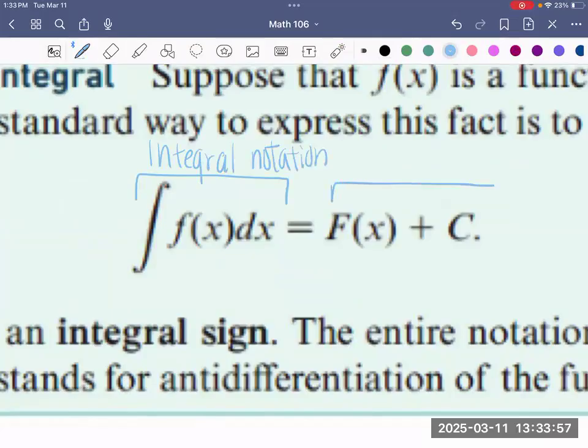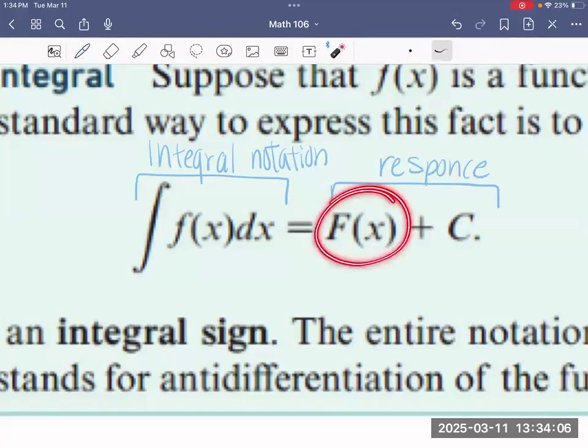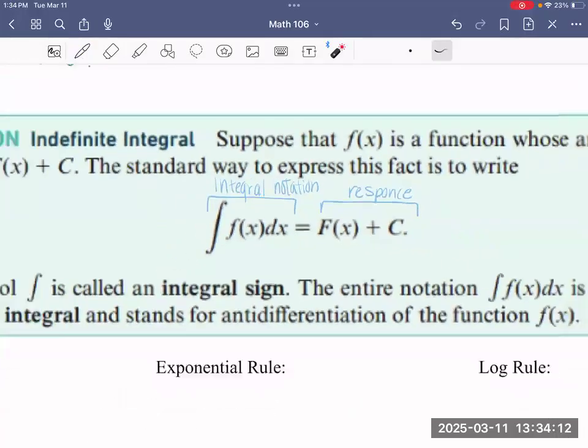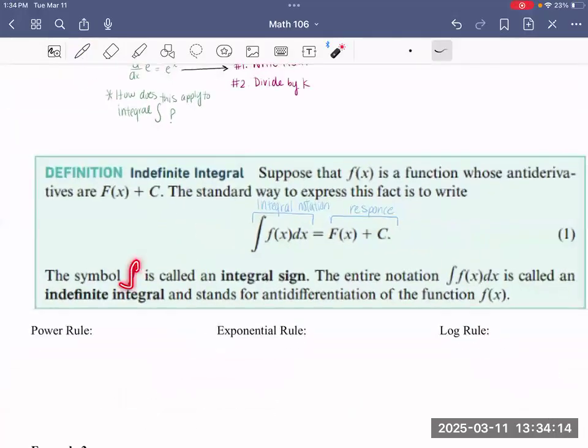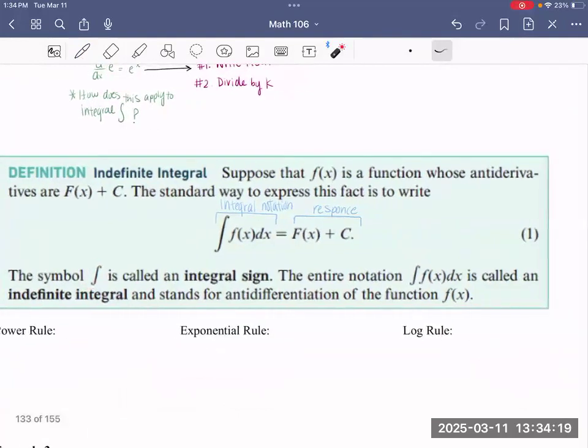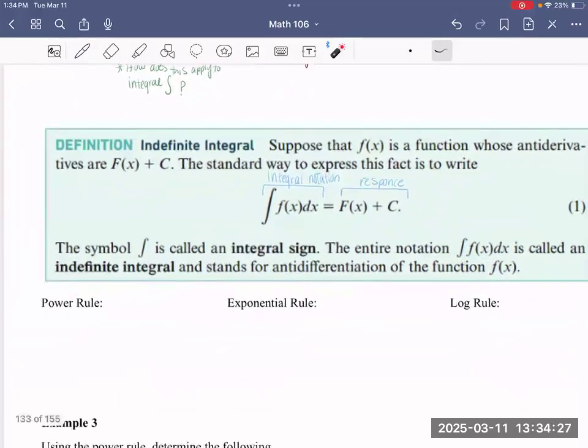And then this is your actual integration response, where the big F of x is your final product. And then we say +3. This symbol here is called your integration sign. And the entire notation of that integration is called the indefinite integral and stands for the antiderivative of your function.